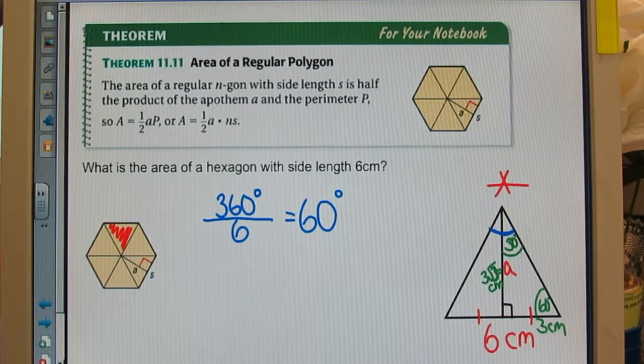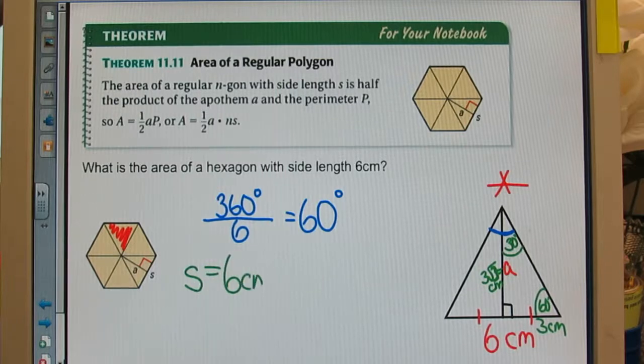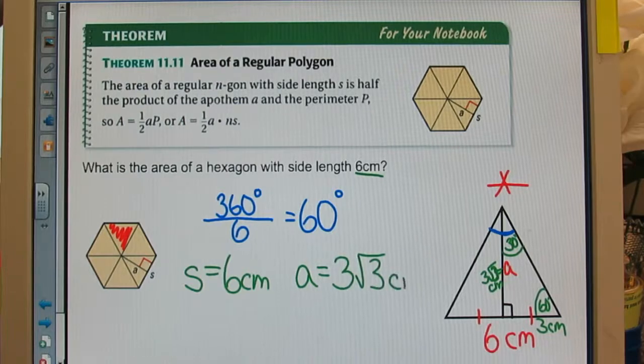Okay? So I know that my side length is 6 centimeters, it gave that to me in the problem. And I know that my apothem is 3√3 centimeters.